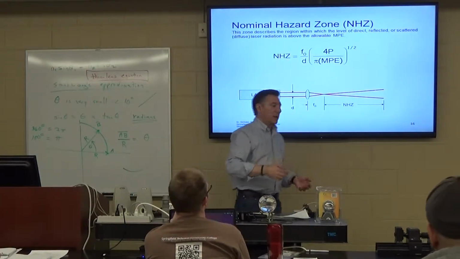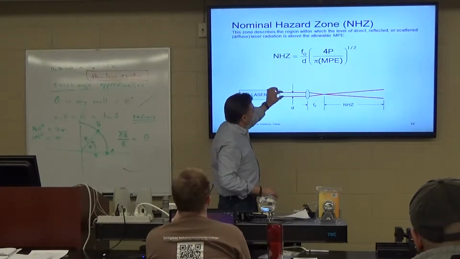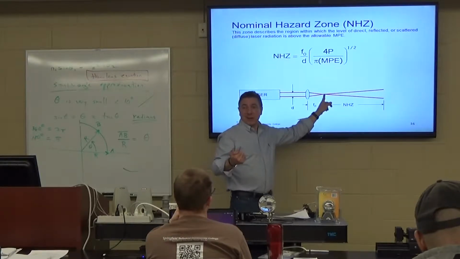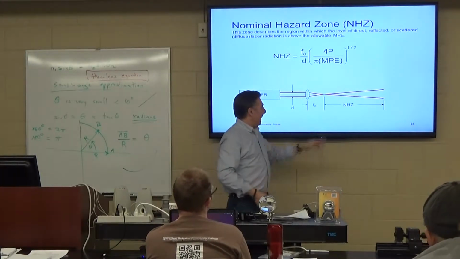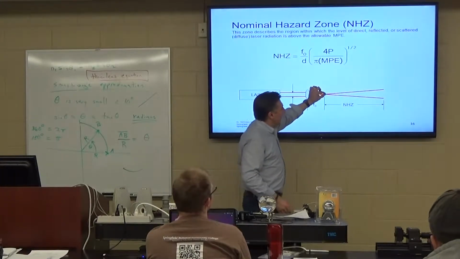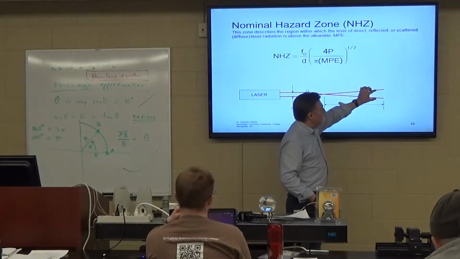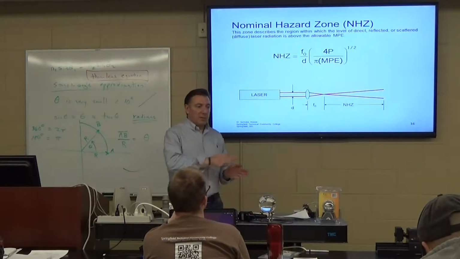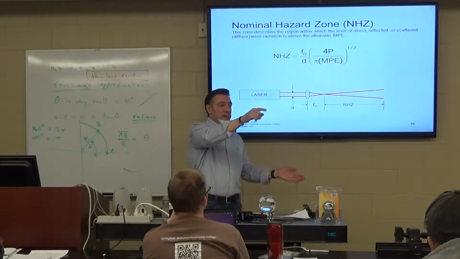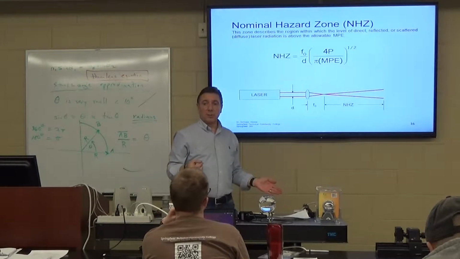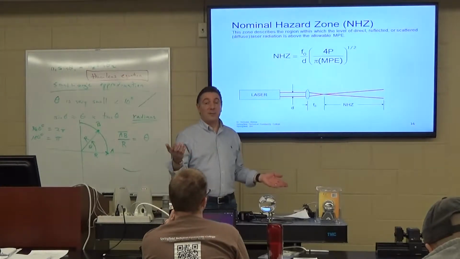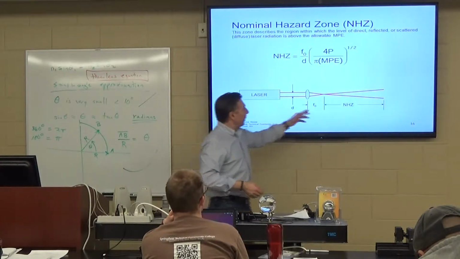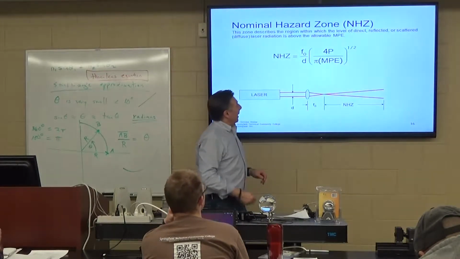So if you have a high-powered laser and you're focusing it, right at the focal point it's like a magnifying glass in the sun, you're going to burn stuff. It's going to get hot. But as you move away and the beam diverges, how far away do you need to be before the beam diverges sufficiently such that the irradiance is less than the maximum permissible exposure, 2.5 milliwatts per square centimeter, for visible assuming. That's known as the nominal hazard zone.